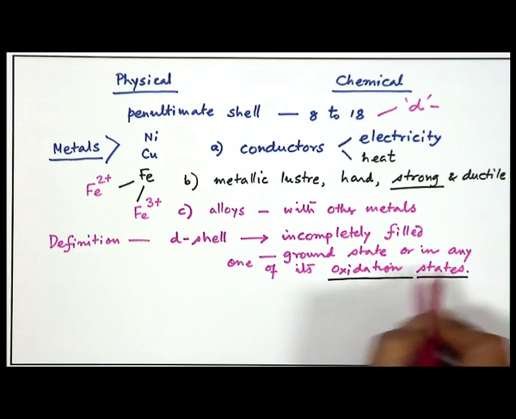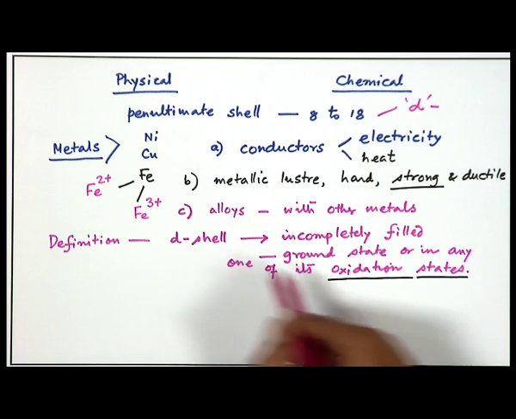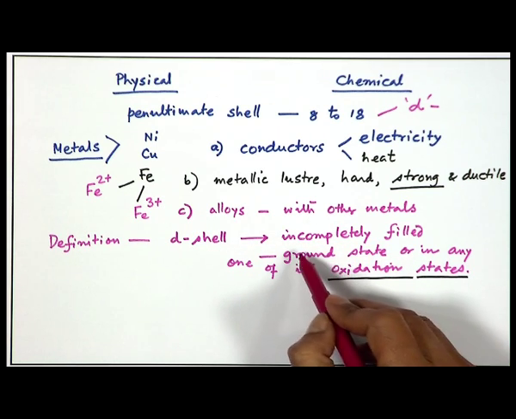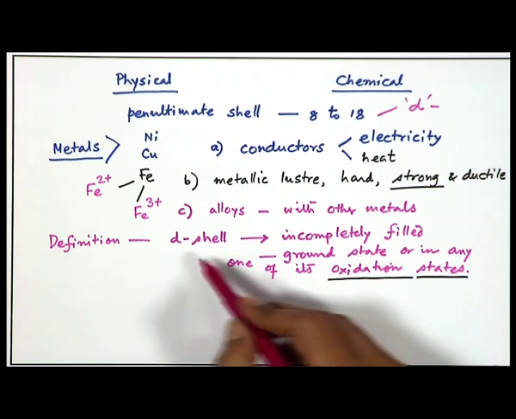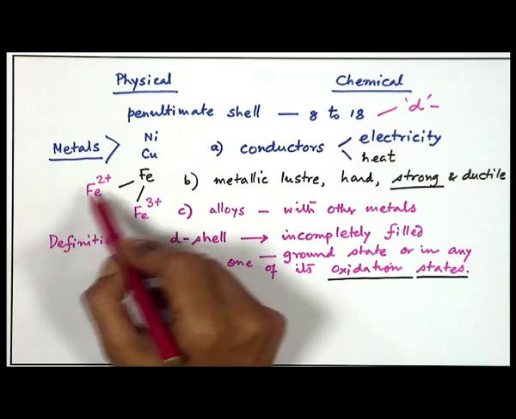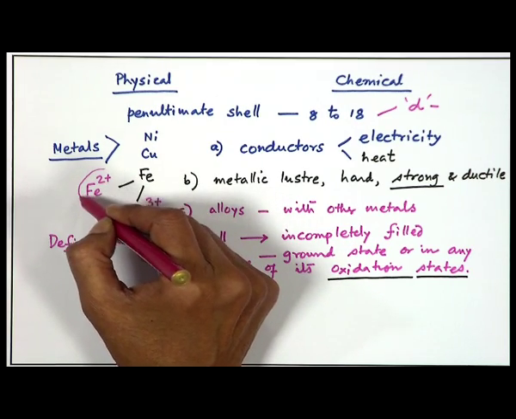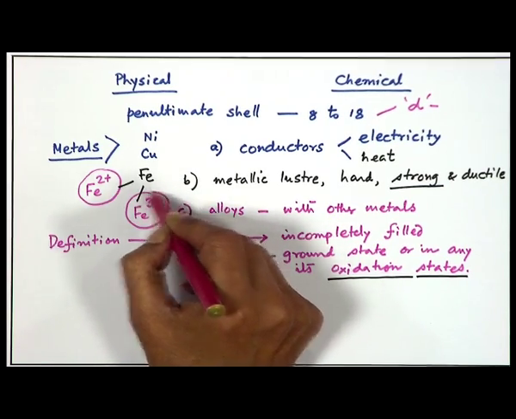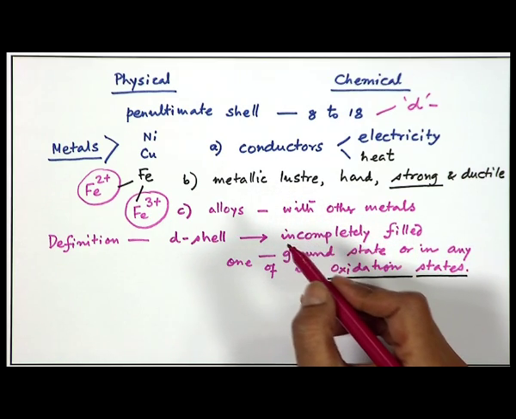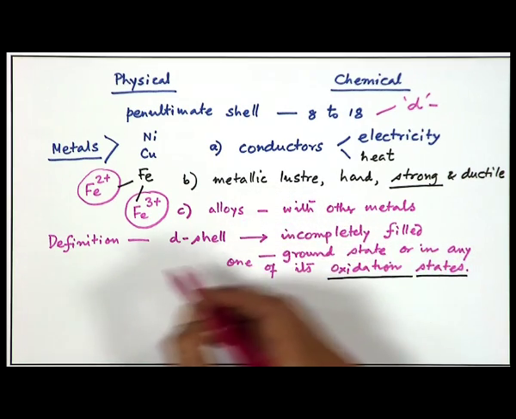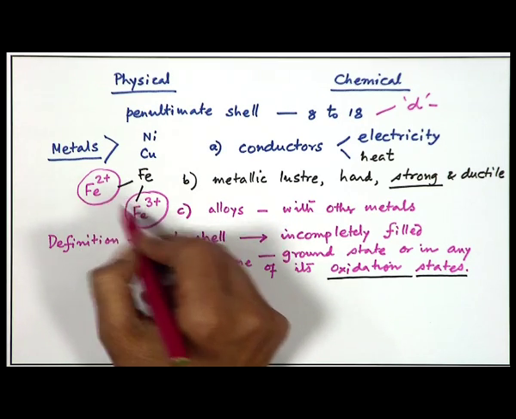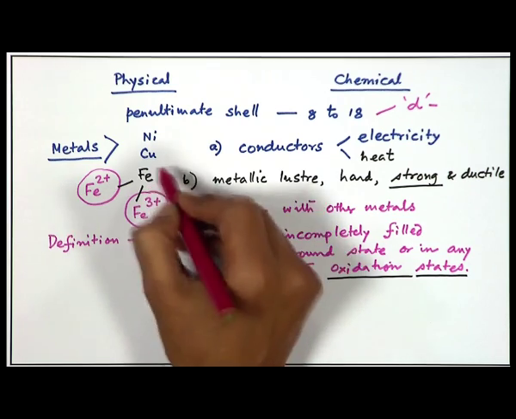So, in any of its states basically, that means whether it is present in the ferrous state or ferric state, we can have incompletely filled D level or the D subshell or the D orbitals, which will typically define whether this Fe 2 plus or Fe 3 plus, both of them can be considered as transition element derived ions. So, these are all transition ions which can be derived from iron, which is Fe 0.